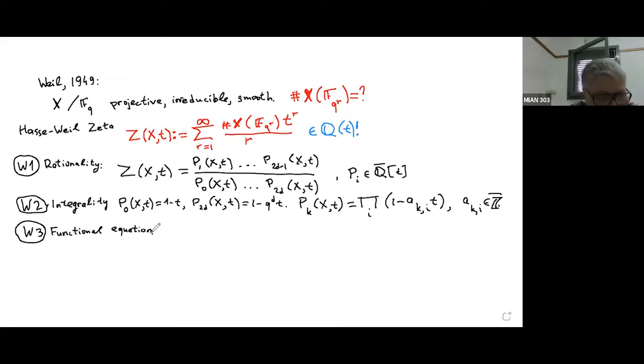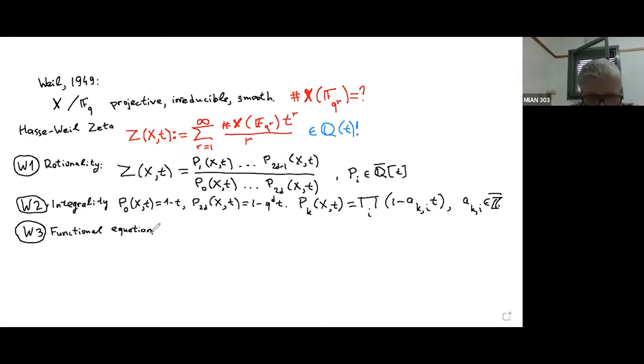Among them there is the Riemann zeta function, associated just to the spectrum of Z, the ring of integers.